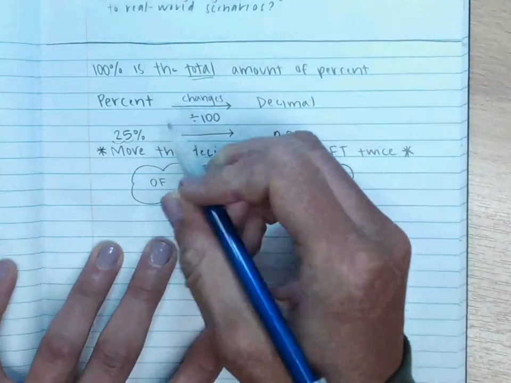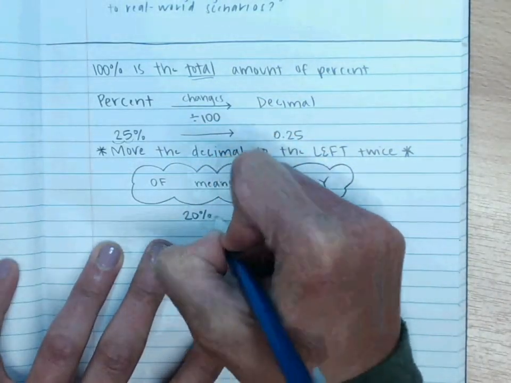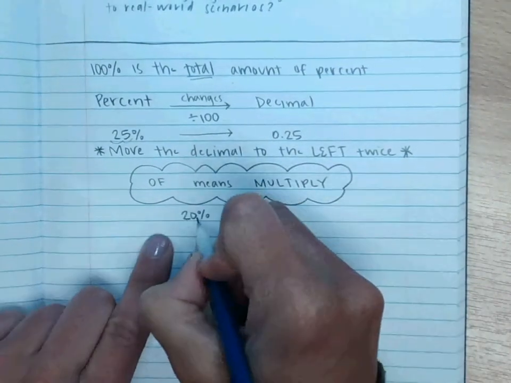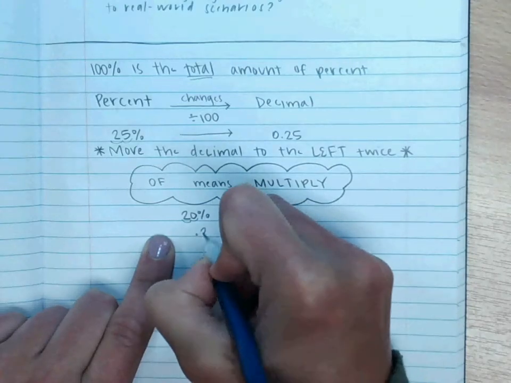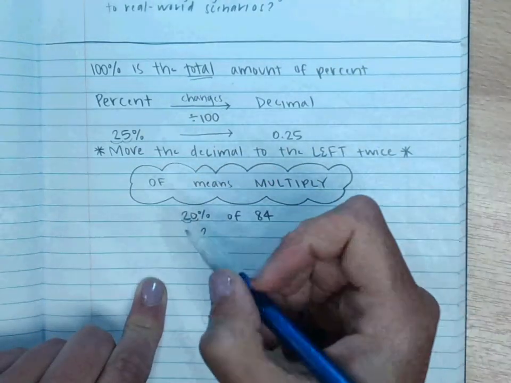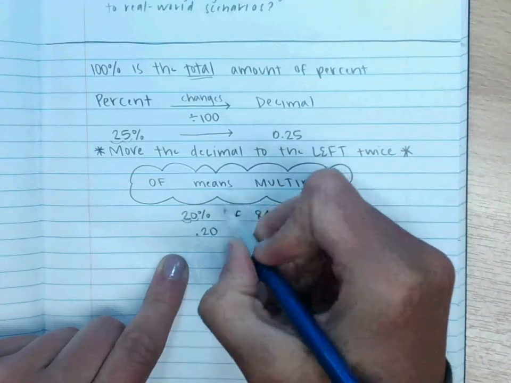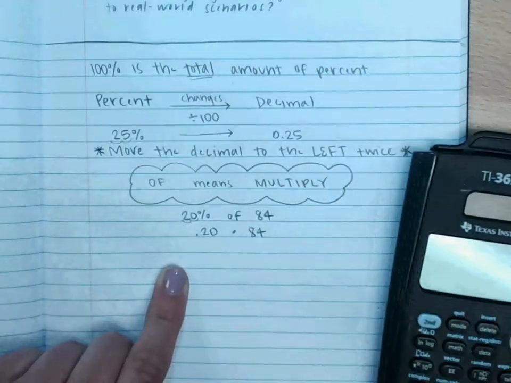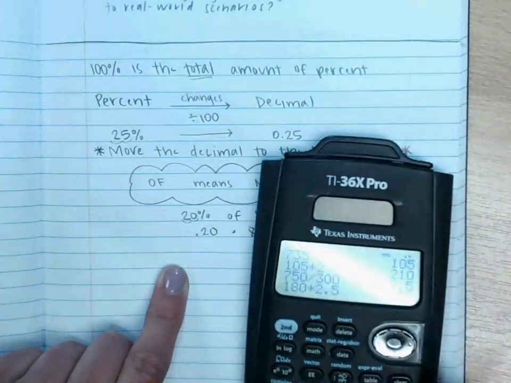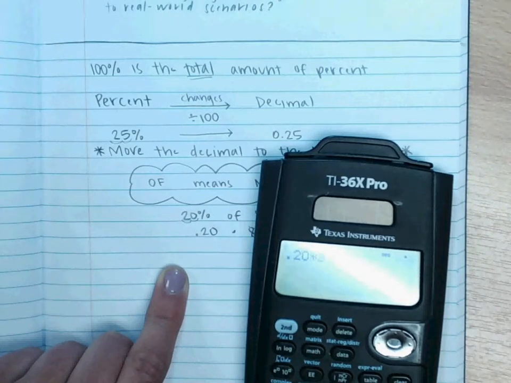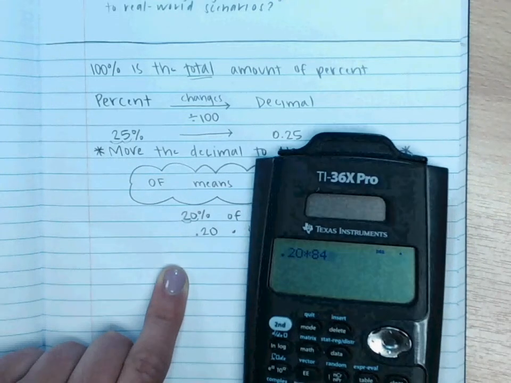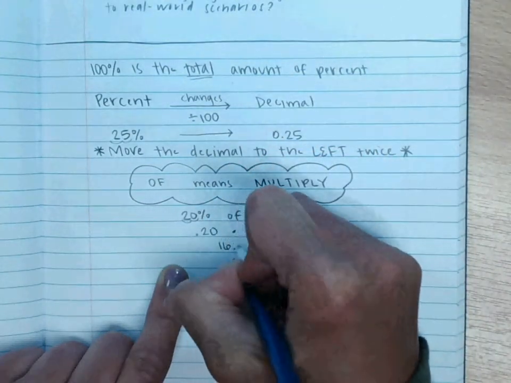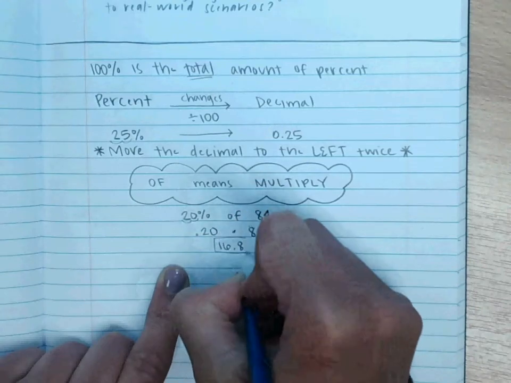So if we did 20% of 84, that means we change this to 0.20, and we multiply that by 84. I'm going to use my calculator. 0.20 times 84 gives us 16.8. Okay?